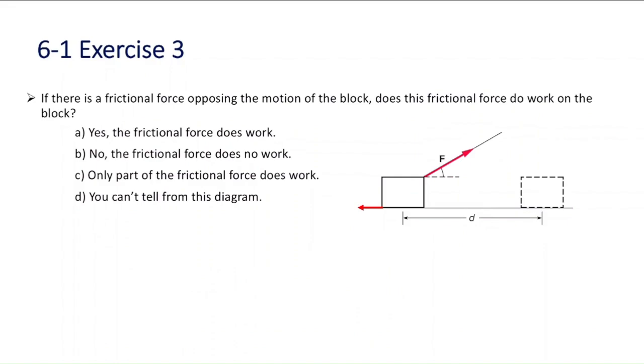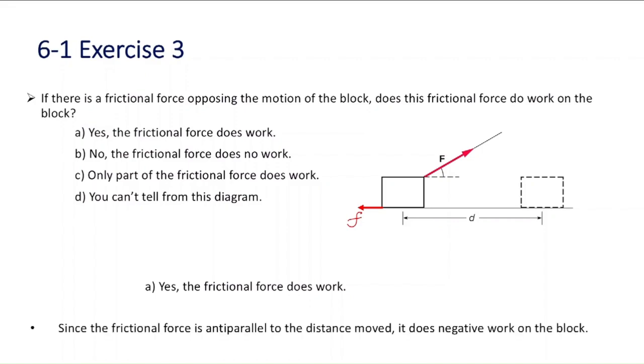Now let's look at the same diagram again. But now, imagine there's a frictional force opposing the motion of the block. So the question is, does this frictional force do work on the block? Again, pause the video for a moment and think about your answer. So the correct answer is yes, the frictional force does work. Why? Because the frictional force is opposite to the direction of motion.